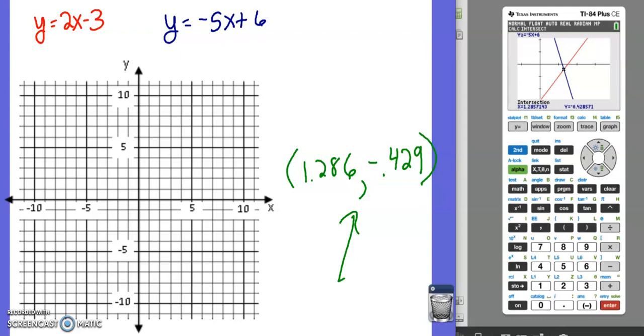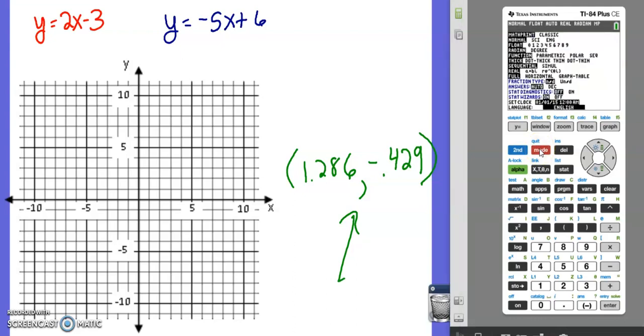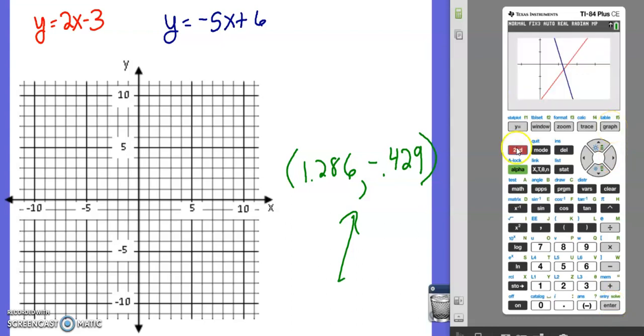I did show you, remember, if you have a problem with rounding, you can simply change the float to float 3. Then if you go back and do the point of intersection again, enter, enter, enter, notice it rounds it for us.